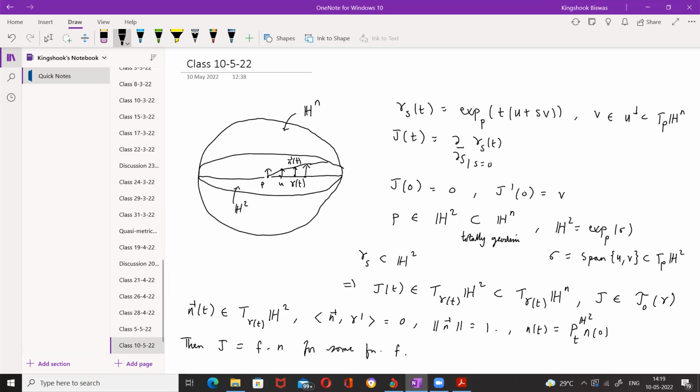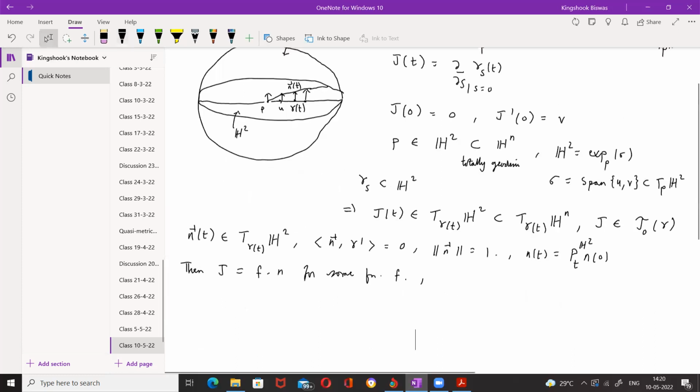But totally geodesic implies that the parallel transport will... right. You have to be a bit careful. So what you say is that the N of T, how do I say this?